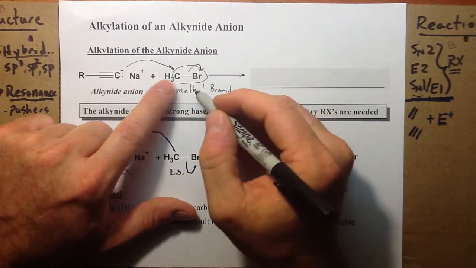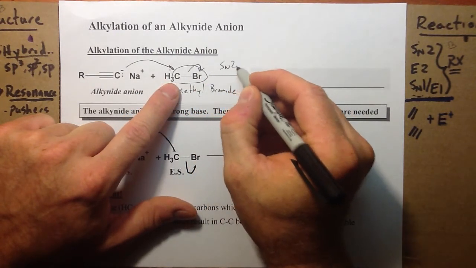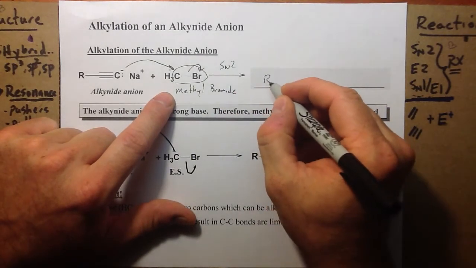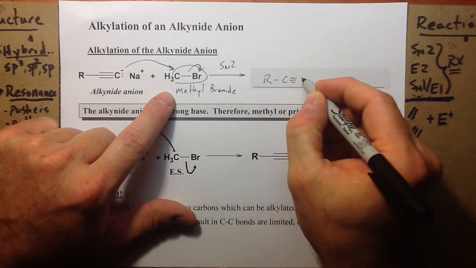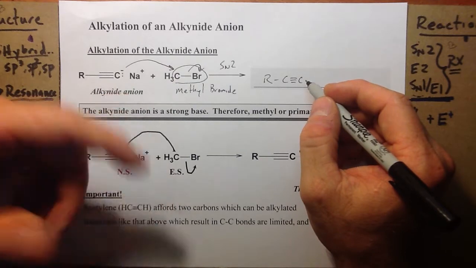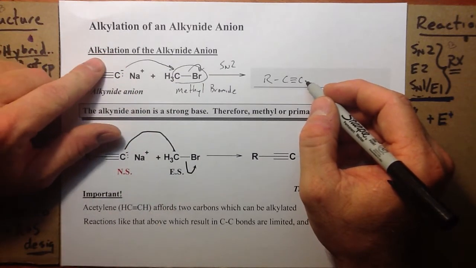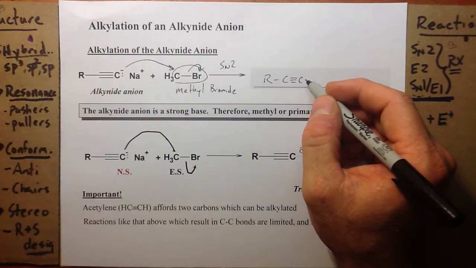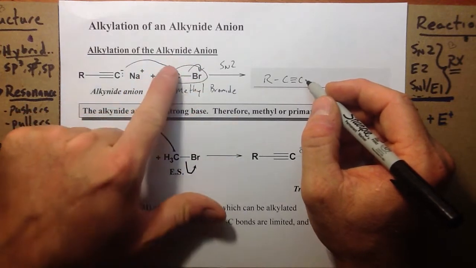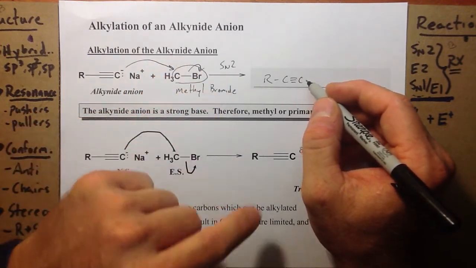So all I can do is have SN2 chemistry, and we can make what we call an alkylation of the alkynide anion.